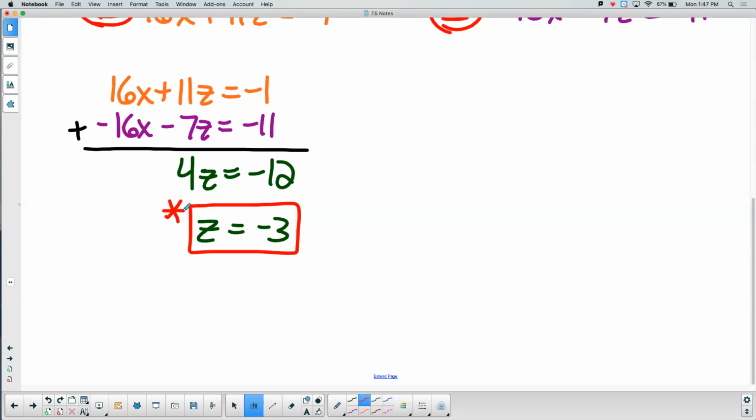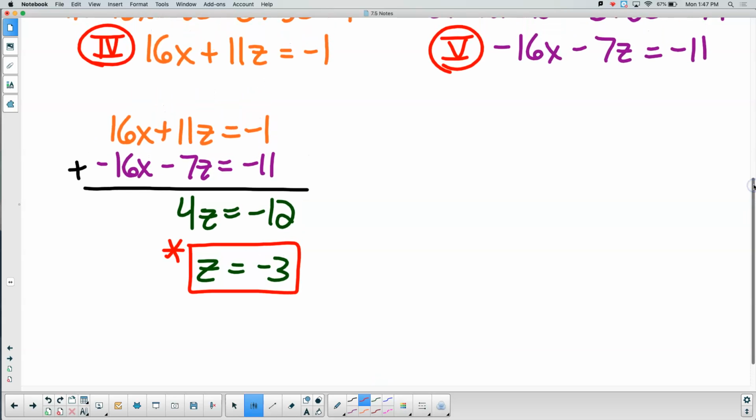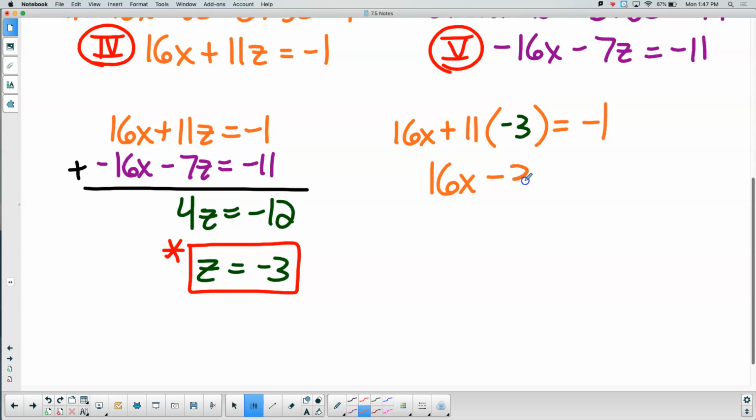If z is negative 3, then we can go back into 16x plus 11 times negative 3 gives me negative 1. 16x minus 33 equals negative 1. 16x equals 32. X is 2.